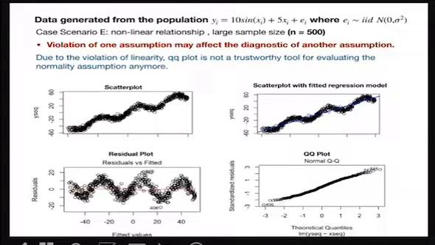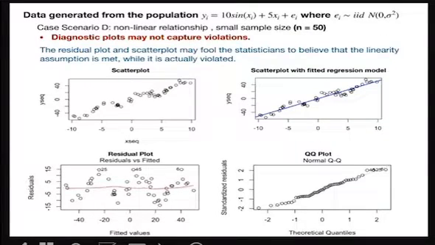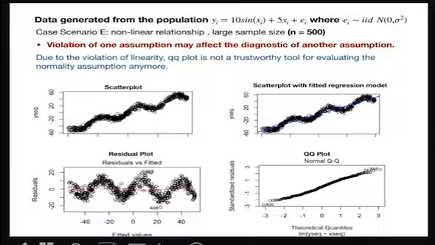Now, you don't know what happened now, right? I still want to work on the same non-linear model. And maybe the reason why the diagnostic plots may not be able to capture violations here is because of the small sample size. So I decided to do what? I increased the sample size to 500. Take a look at that. I'm still working with non-linear. But what happened now? Oh my God.